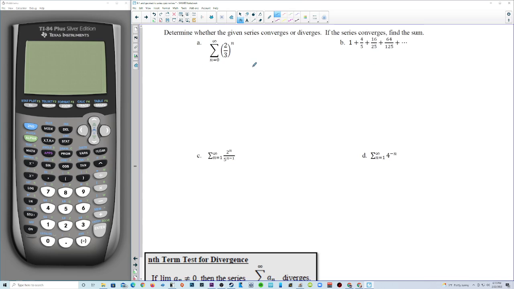Determine whether the given series converges or diverges. If the series converges, find the sum. Well, r is 2/3, and the absolute value of 2/3 is less than 1. So this converges by geometric series.